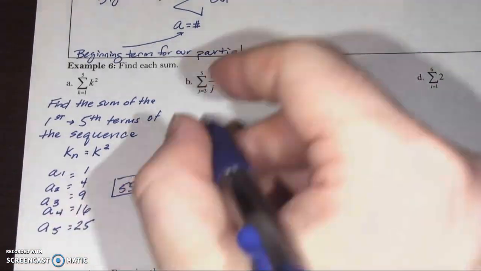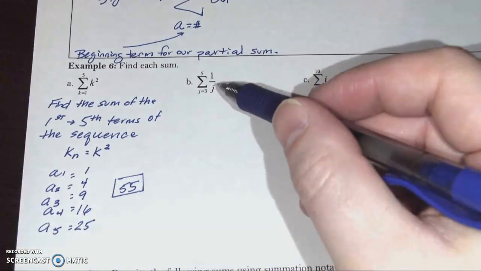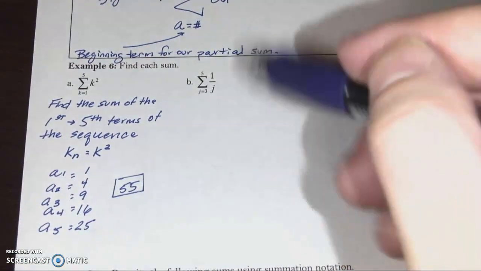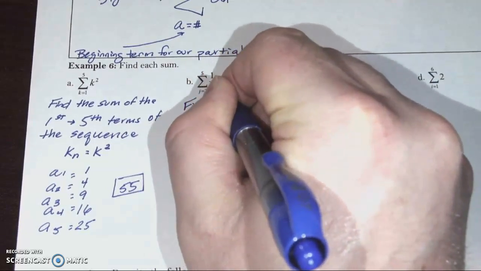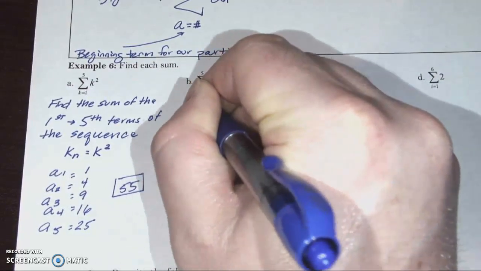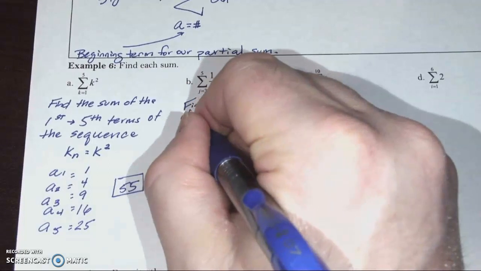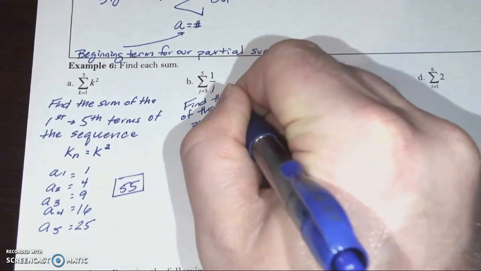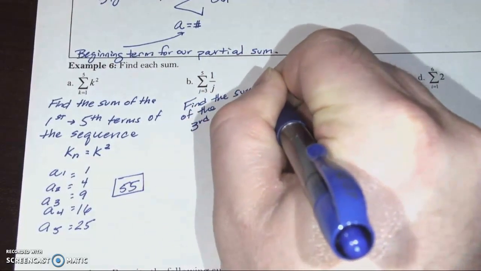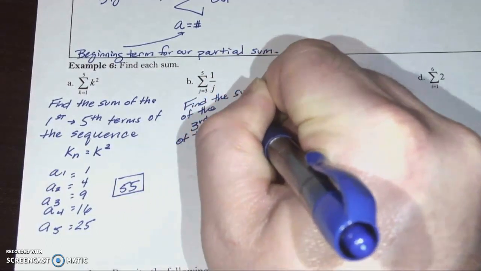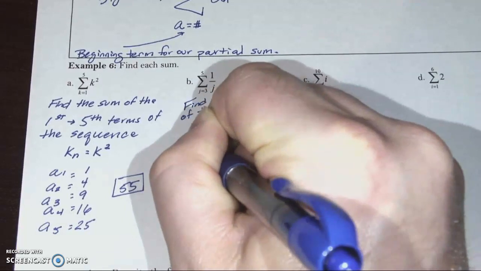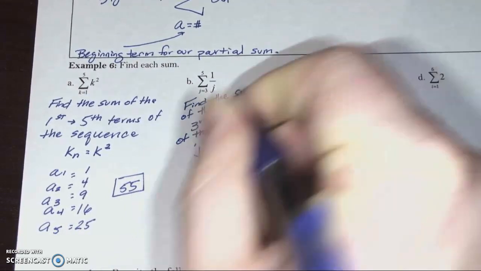We'll do B together, because this is finally one that allows us to do something in between. So this says find the sum of the 3rd through the 5th terms of the sequence j sub n equals 1 over j.